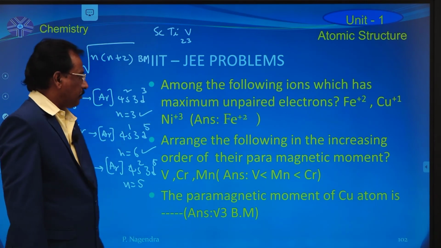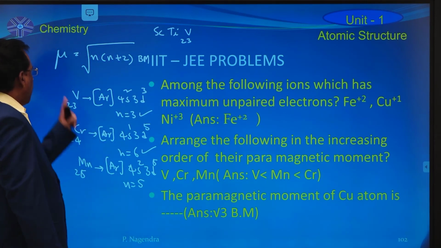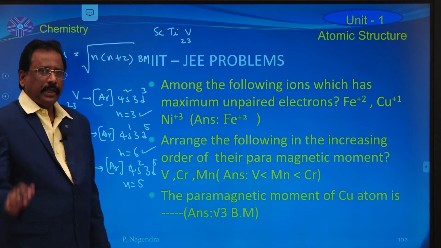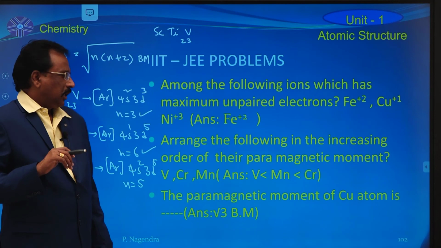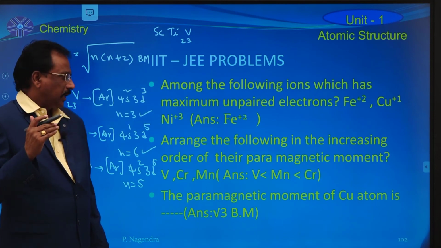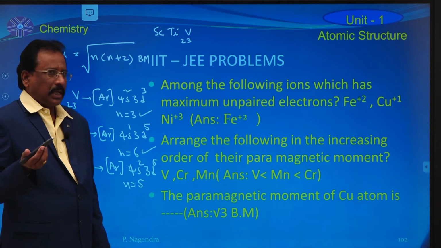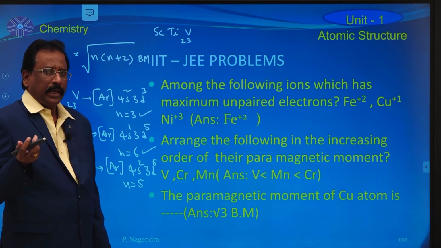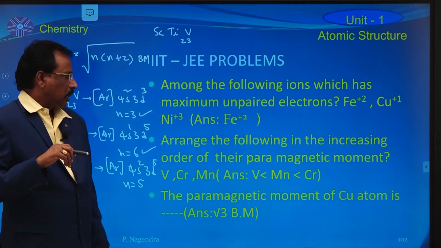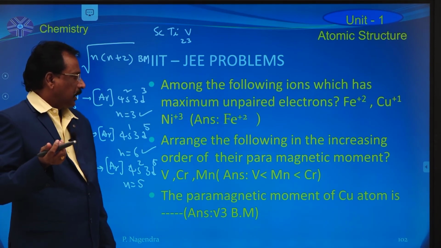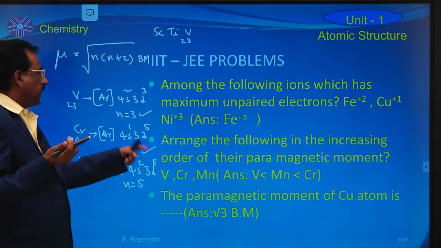A very important point is that the paramagnetic moment is directly proportional to the number of unpaired electrons. If an atom or ion contains more unpaired electrons, that atom or ion shows a greater paramagnetic moment. In the abnormal electronic configuration of chromium, there are 6 unpaired electrons.